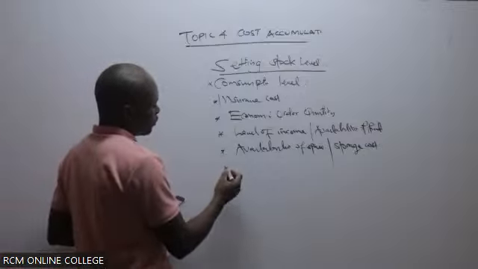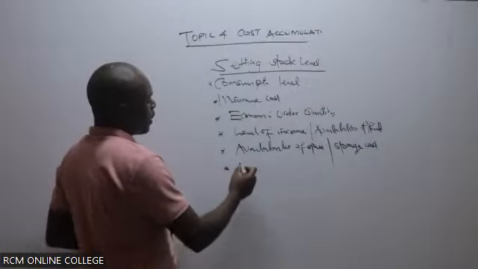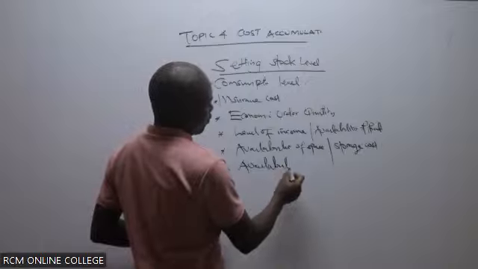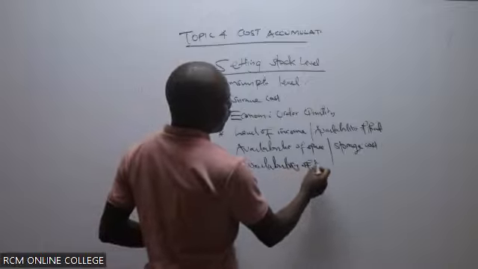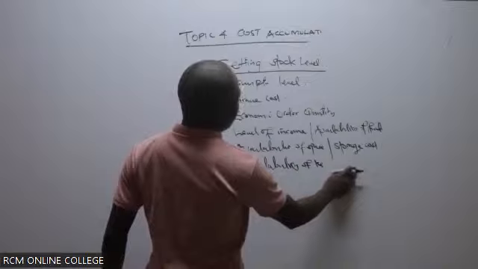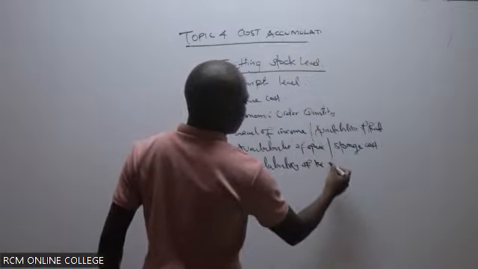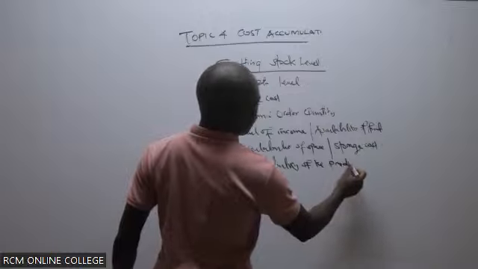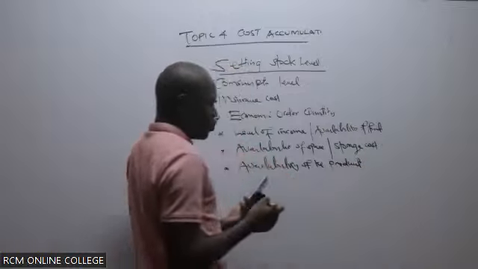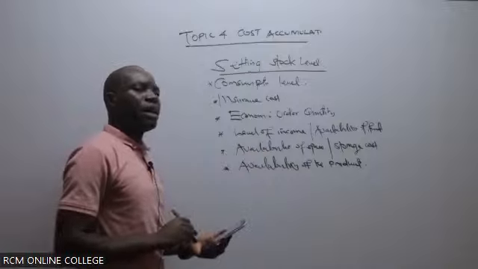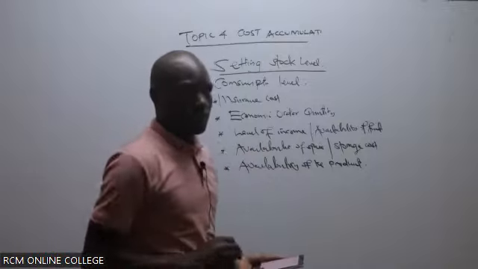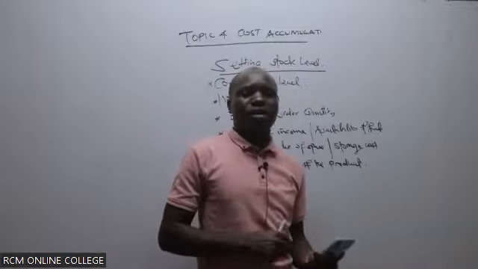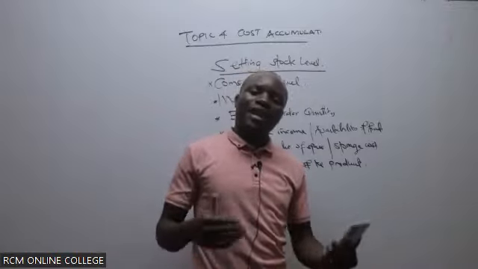Another thing, availability of whatever you're going to purchase. There are goods that are normally seasonal. There's a time when you're going to get them in bulk, and a time when you're going to have scarcity.